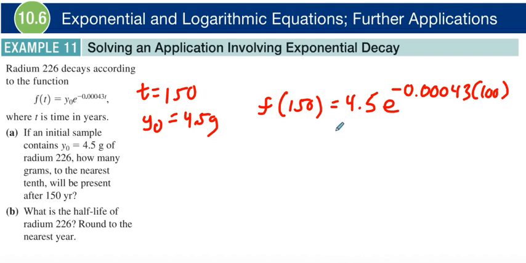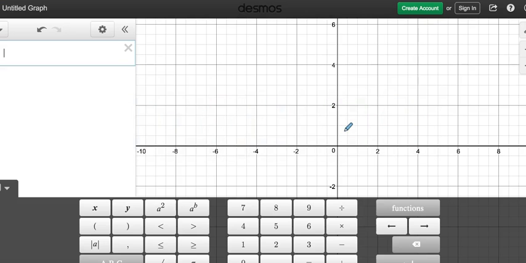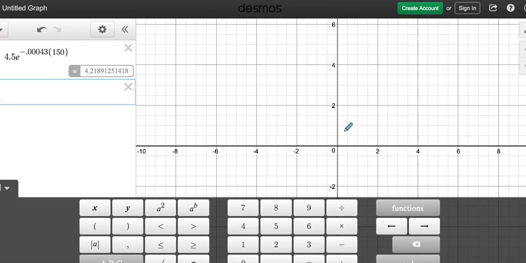It's not very helpful to us, so let's go ahead and find an actual answer. Plug that into our graphing calculator. So we'll do 4.5 times e to the power of negative 0.00043 times 150.